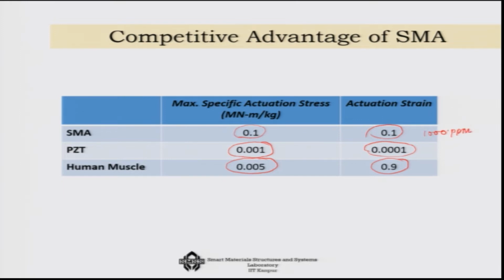Generally what we get is in the range of 3 to 5,000 ppm. So, actuation strain is not as high as a human muscle, but certainly it is higher than piezoelectric material.